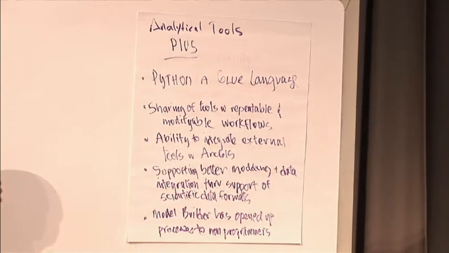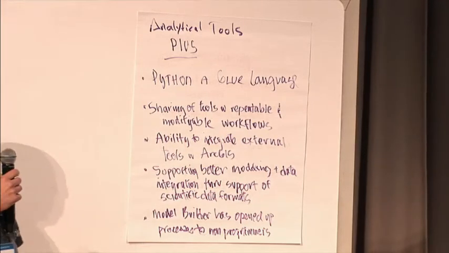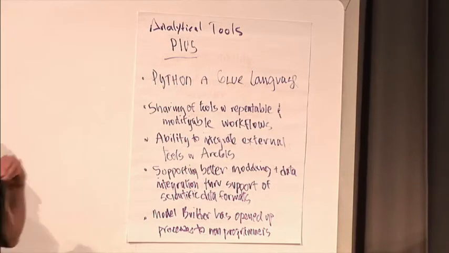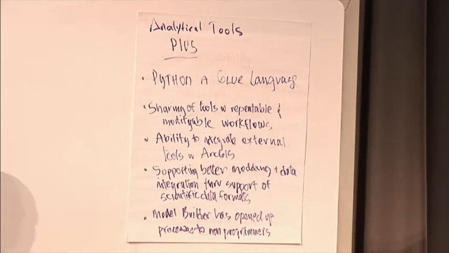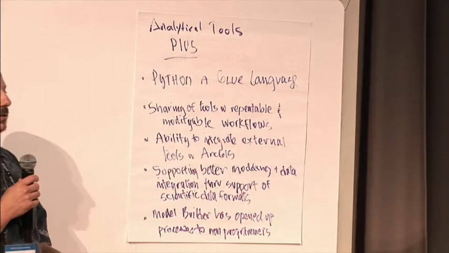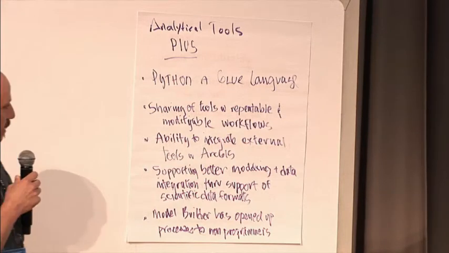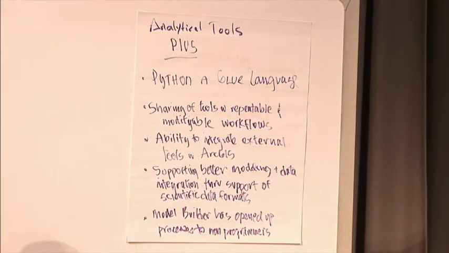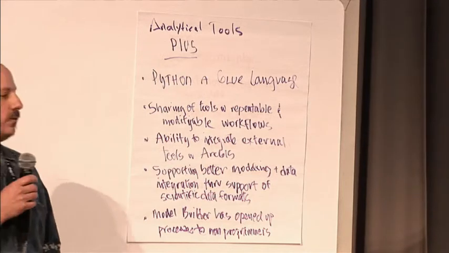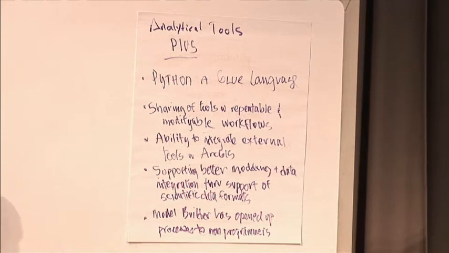And along those same lines with Python as a glue language, the ability to integrate external tools from other applications into ArcGIS is a huge bonus. Supporting better modeling and data integration through support of scientific data formats, for example, the BAG format, being incorporated into ArcGIS at the core level is a huge improvement.